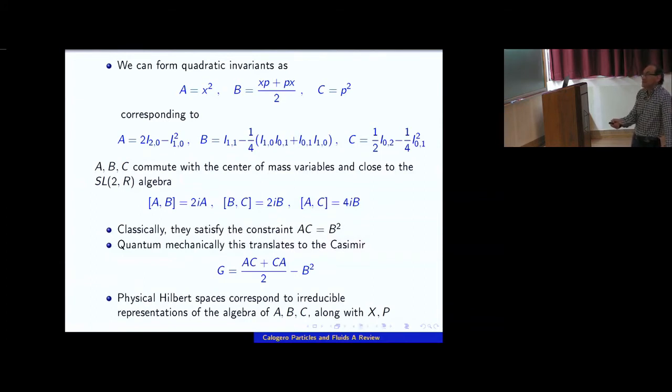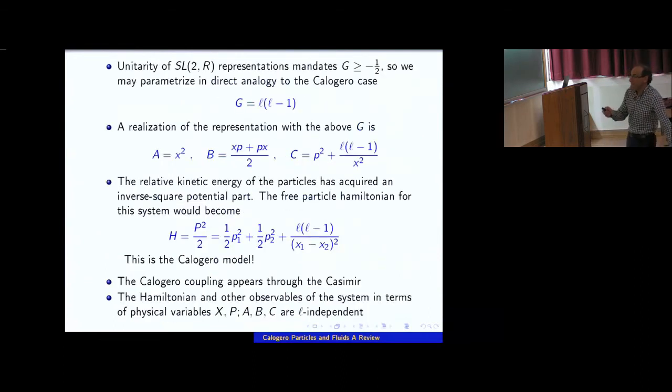This Casimir can actually take any value, and standard representation theory of this algebra, if you want it to be unitary, tells you that this Casimir can take any value. It doesn't have to be quantized. This is a non-compact group, but it has to be, lo and behold, bigger than -1/4. That's suggestive. This -1/4 tells you that this is reminiscent of the Calogero model.